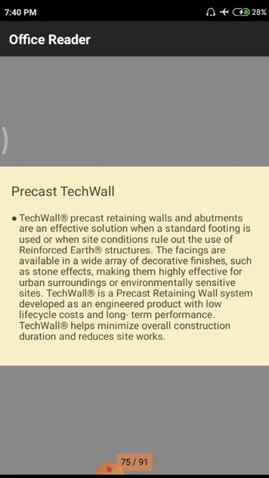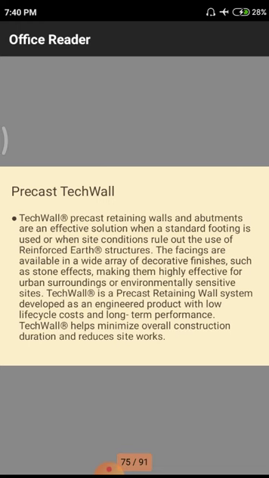This precast retaining wall system is developed as an engineered product with low life cycle costs and long term performance. Low life cycle cost means they face a smaller quantity of loads. Normally in a structure, every structural member has to face different loads, but in this case the members are not bearing the loads.